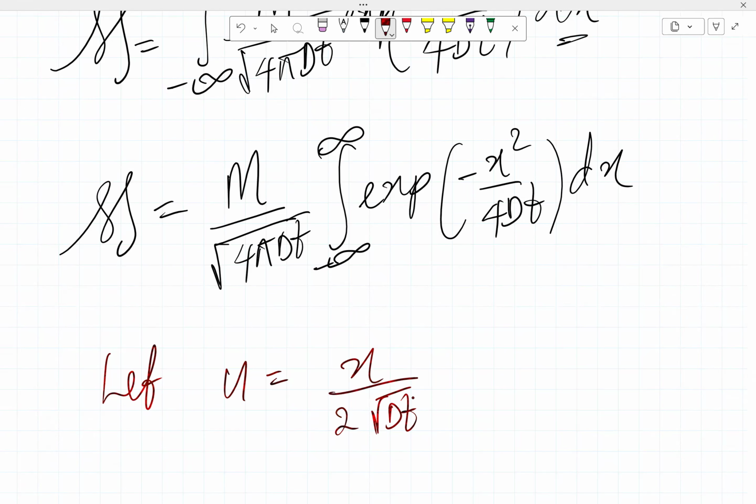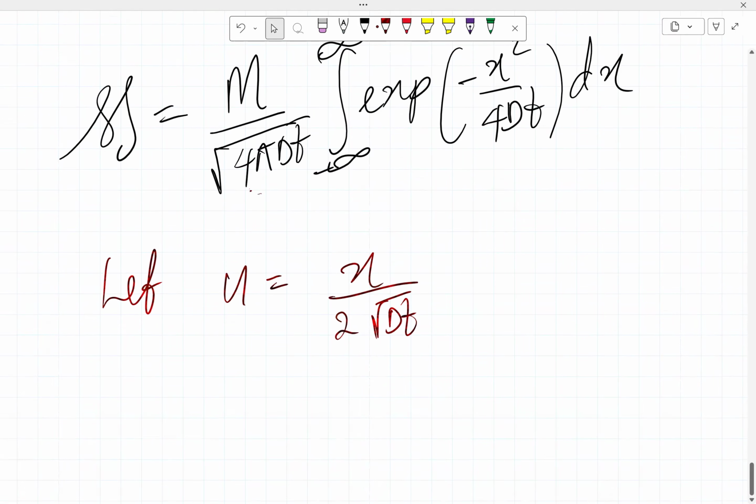I think the idea for that is this 2 square root of 4 can come out, you have 2, then dt is inside there. So that's probably why this is happening. Like taking the square root of this part so that this can be related with this. So we say let u be x over 2 square root of d multiplied by t.